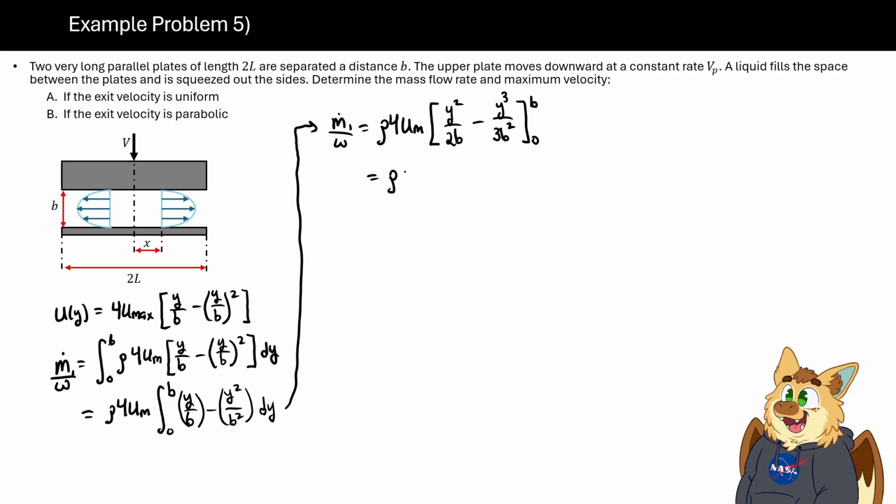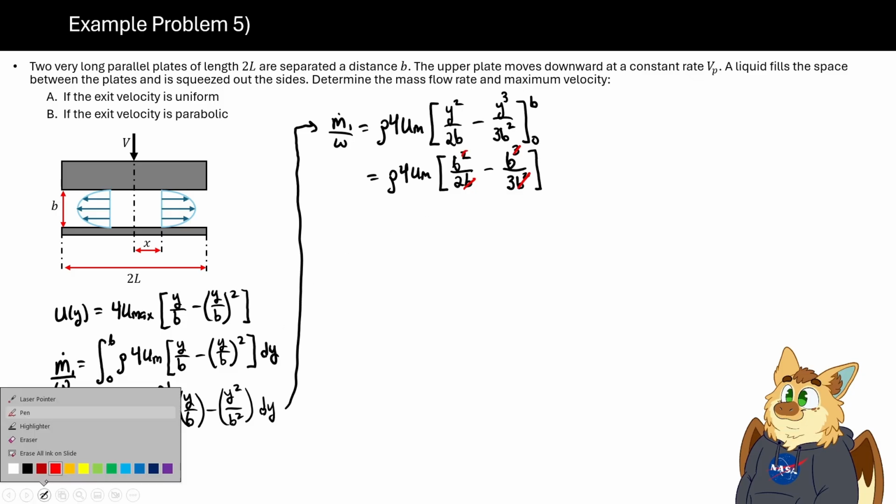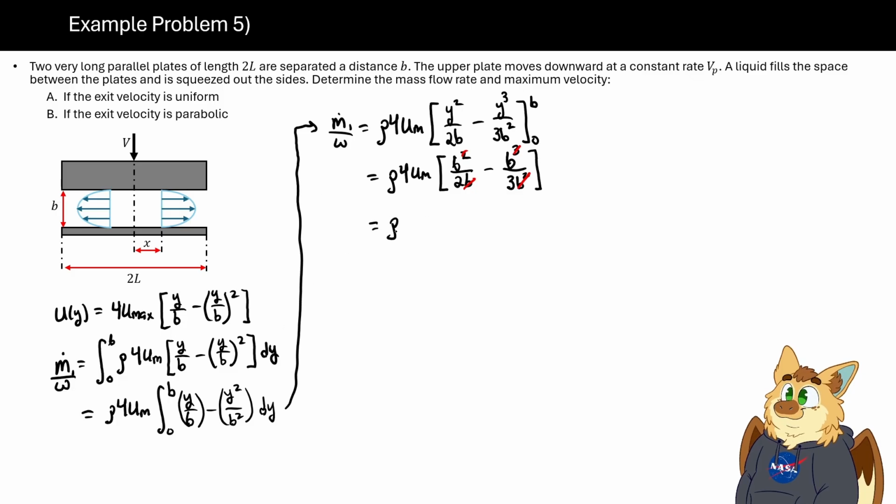That's going to be equal to rho times 4 times U max, times b squared over 2b minus b cubed over 3b squared. Excuse me, my phone was ringing there. Let's see, our b can cancel down here. These two can cancel. This is an excessive amount of writing right now, but I'm just going to do it because we're almost done. So we have b over 2 minus b over 3.